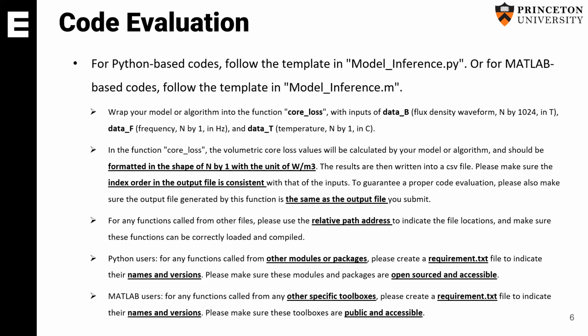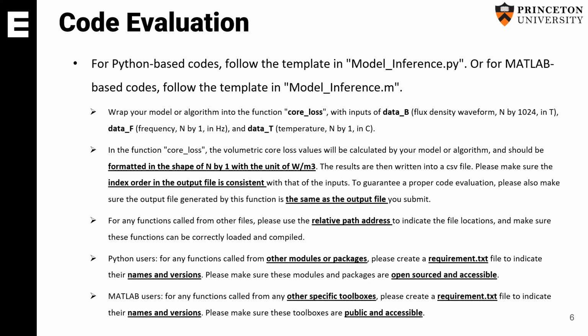Here we have created a function called colors, where you're gonna wrap your model or algorithm, so that we can have a uniform input-output structure and can simply execute it when we do the code review. This colors function will have 3 inputs: B, F, and T, which stand for the flux density waveforms, the frequency, and the temperature. The shape and the units are the same as what we just said for the data set.